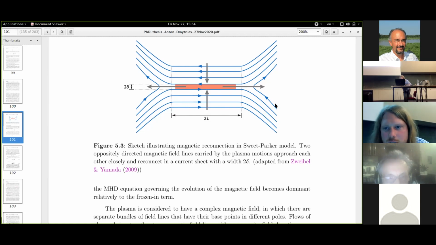Such a line must go from left to right, like the other line, and here after reconnection we must also go from left to right. Okay, I didn't notice that, so I took it from a review.